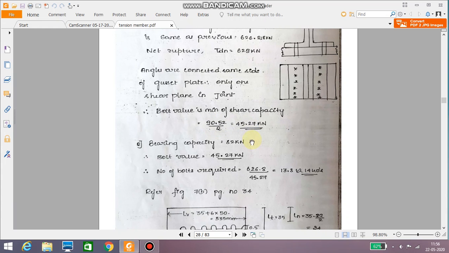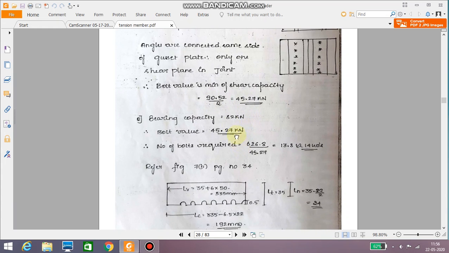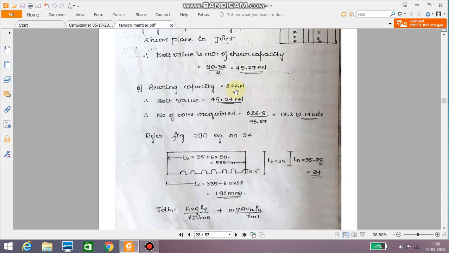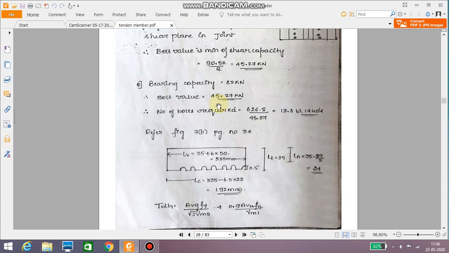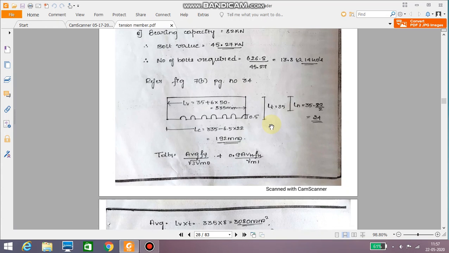So 45.27. Now the bearing capacity is given by 82.82 kilonewton and bolt value is 45.27 kilonewton. Therefore, number of bolts required equal to 626.8 divided by 45.27, that is the bolt value. So approximately we get 14 numbers of bolts.